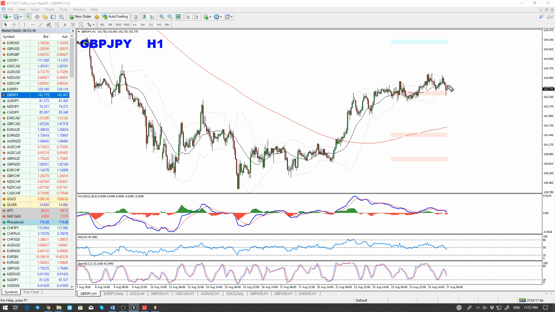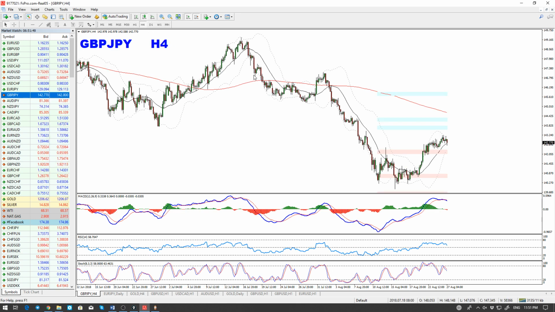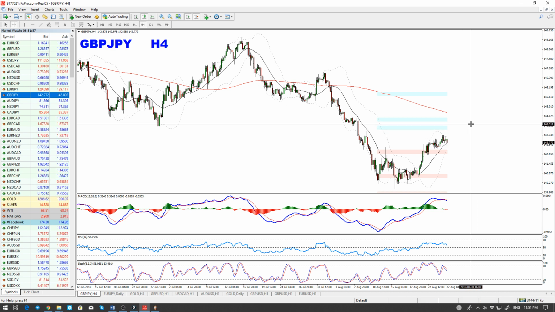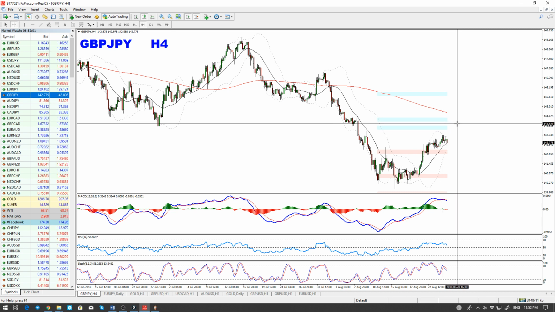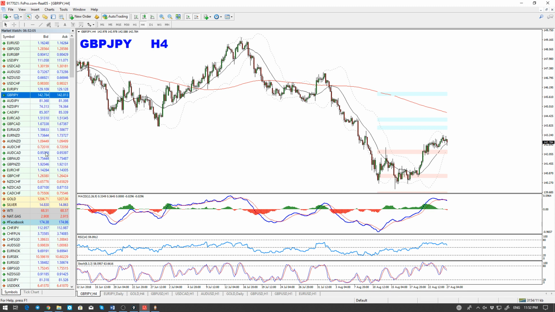But for the long term, I still have the suspicion that this is what we will get before the move down. So I would say the pound yen, preferably looking for sell setups. But keep in mind that we might get another attempt with a final high. Okay. Next one on the list is the pound versus the Canadian.